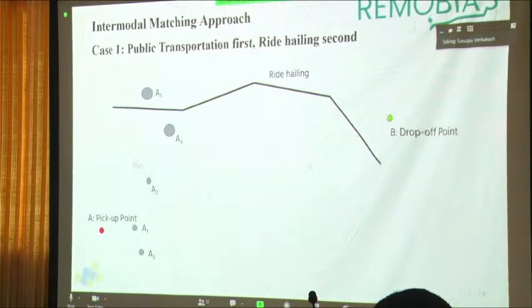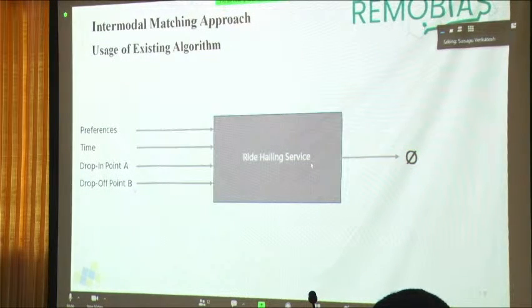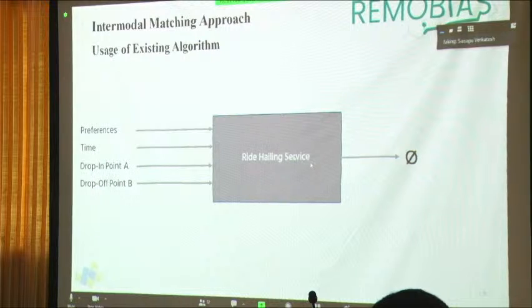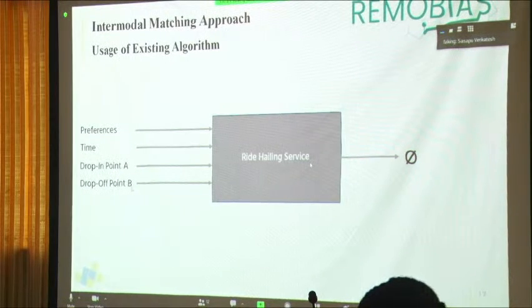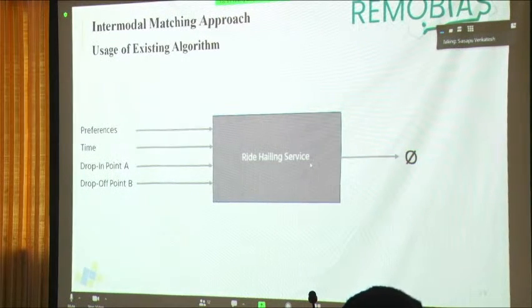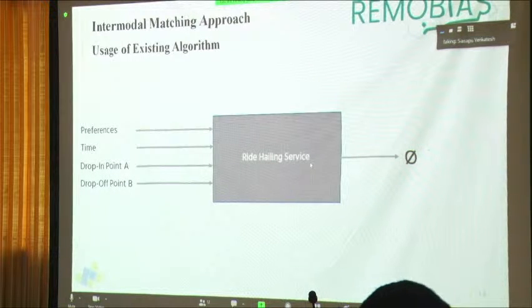Here is just a pictorial representation of the pickup point and drop-off point for an existing ride-hailing system that we are working with. Point A and B: as point A is too far from the existing ride-hailing system, it will give a null set, so we don't have any routes here.